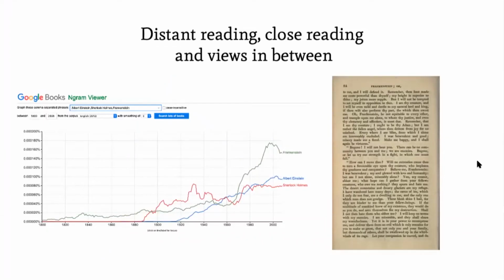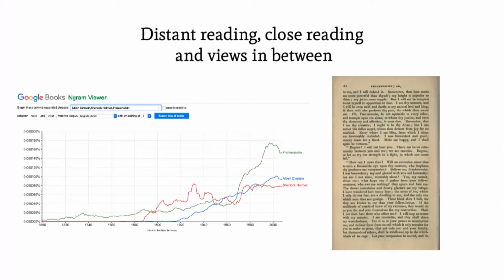I think that when we talk about data visualization for humanities data, for cultural heritage, a lot of the time people immediately think that when you're creating graphs and charts, it's all about taking the distant view of data. It's about taking a very stepped back summary view of data.